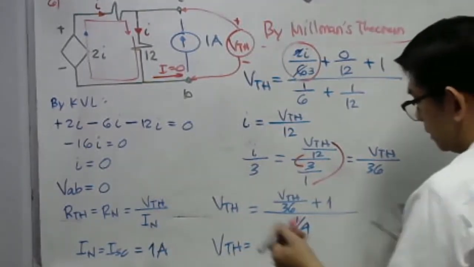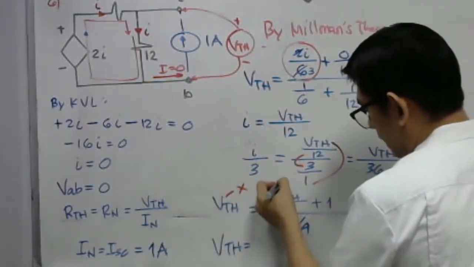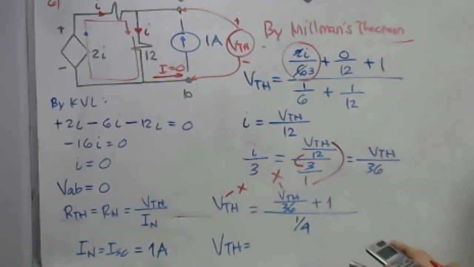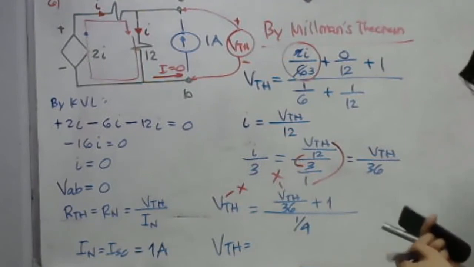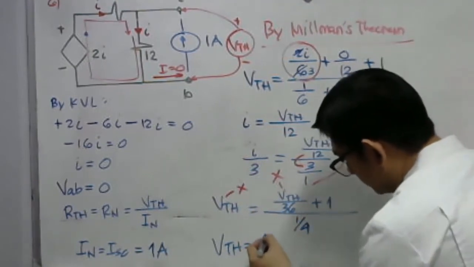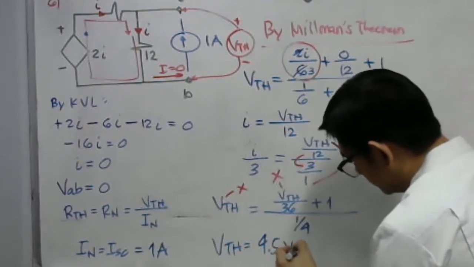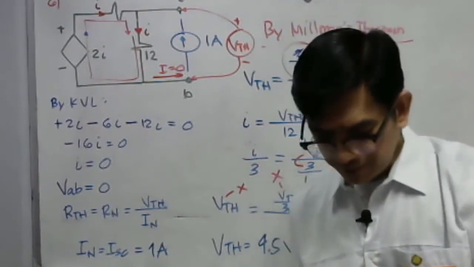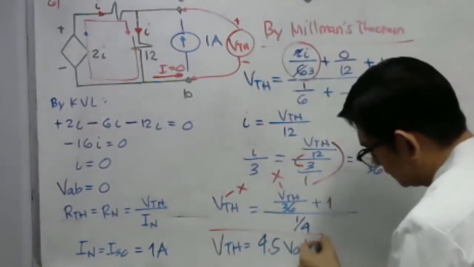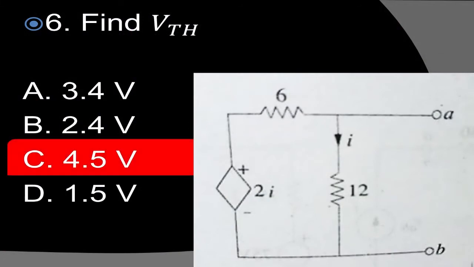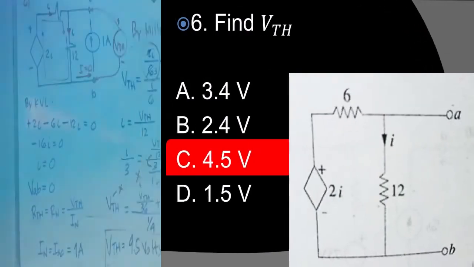So that will be the unknown in our calculator. Then shift calc equals. The answer would be 4.5 volts. So this will be our answer, guys. And that will be letter C.